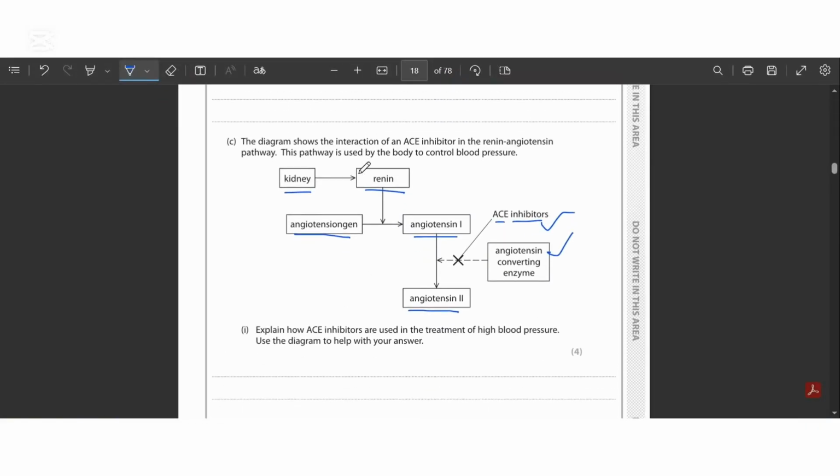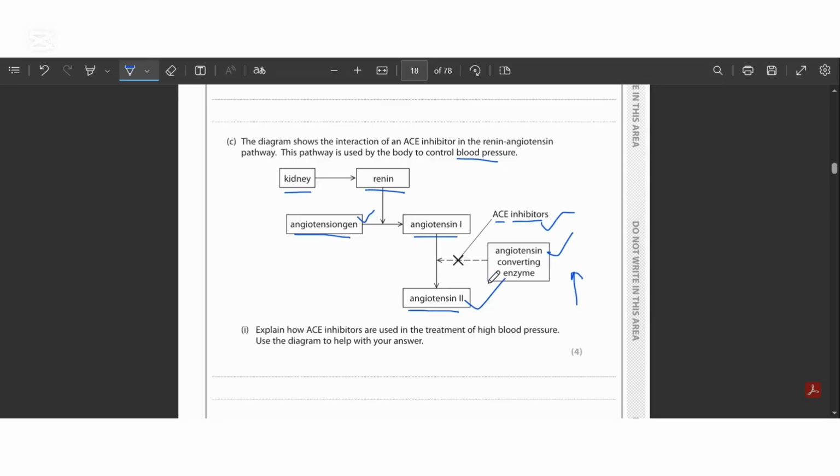One more point I want you to notice is that since it is talking about blood pressure, here is angiotensinogen, which is converted into angiotensin I, then to angiotensin II. What is the basic function of angiotensin II? It is to raise the blood pressure, to raise the BP, and if the blood pressure is raised, it can cause harm to the body.